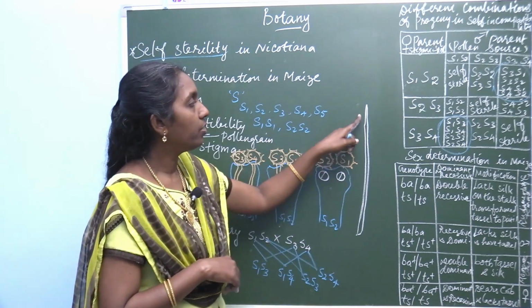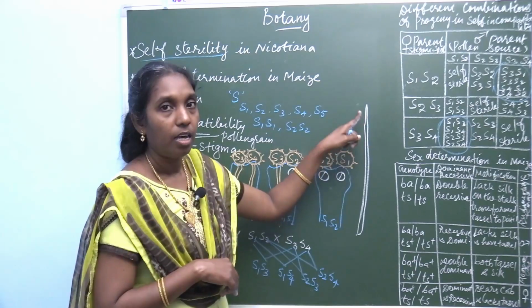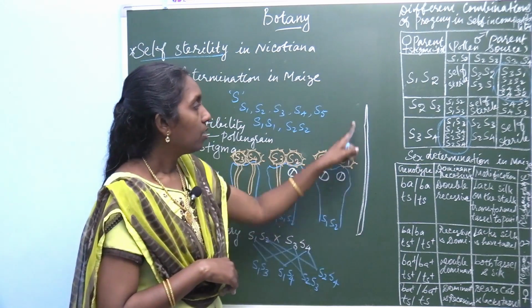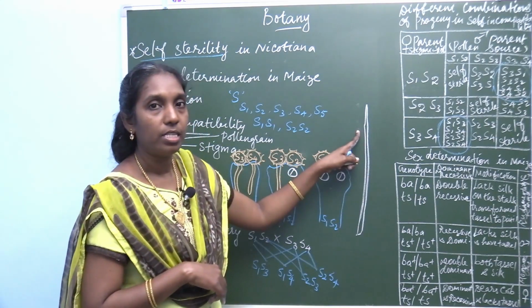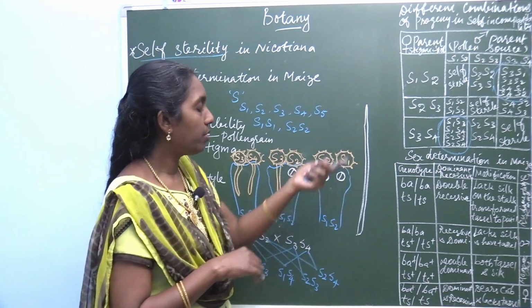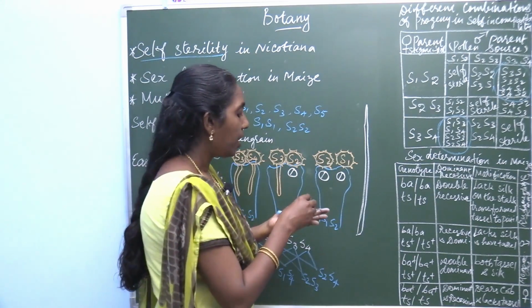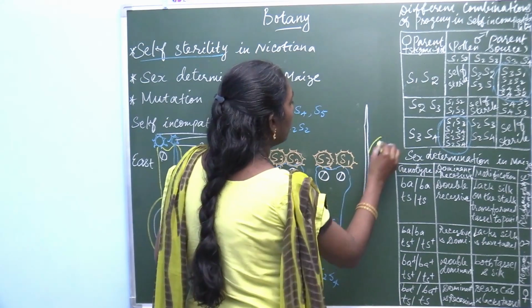The terminal region, the shoot apex of the stalk, produces the male flower, that is the tassel.